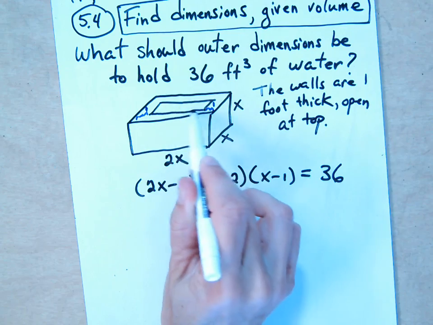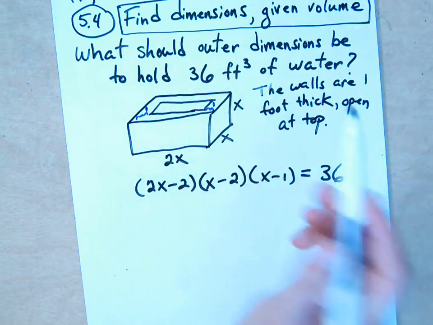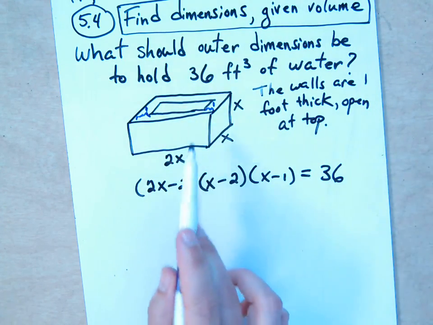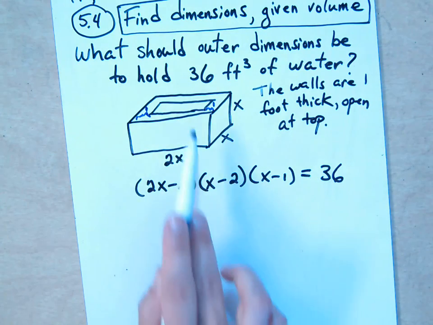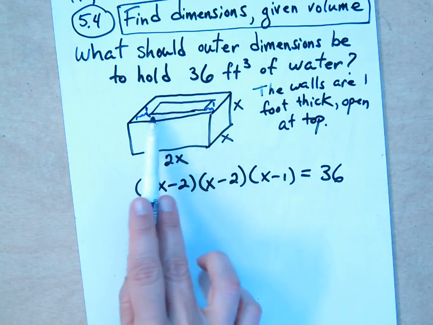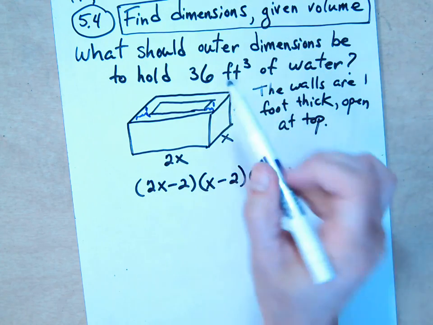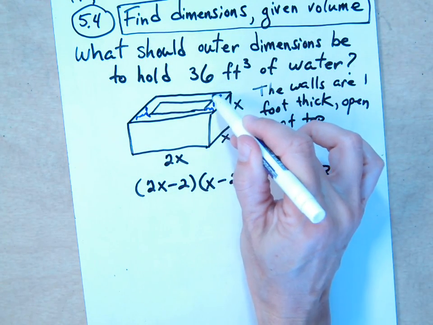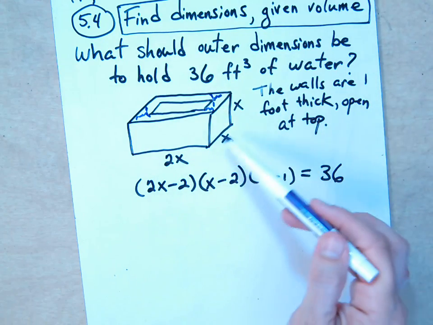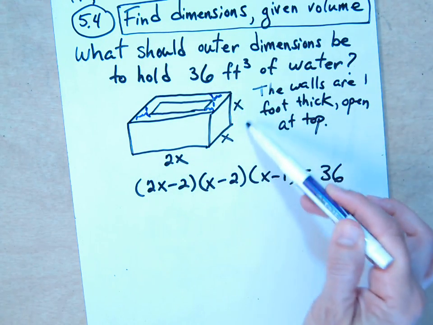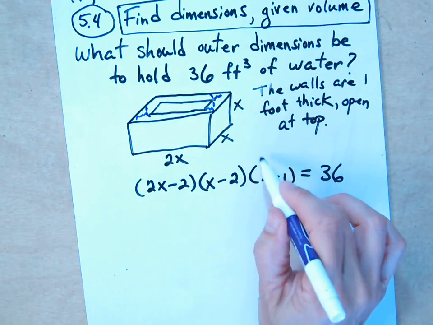So the space that holds the water is 2x minus 2. That's this dimension. And then this, for the same reason, is x minus 2, because these are length 1.